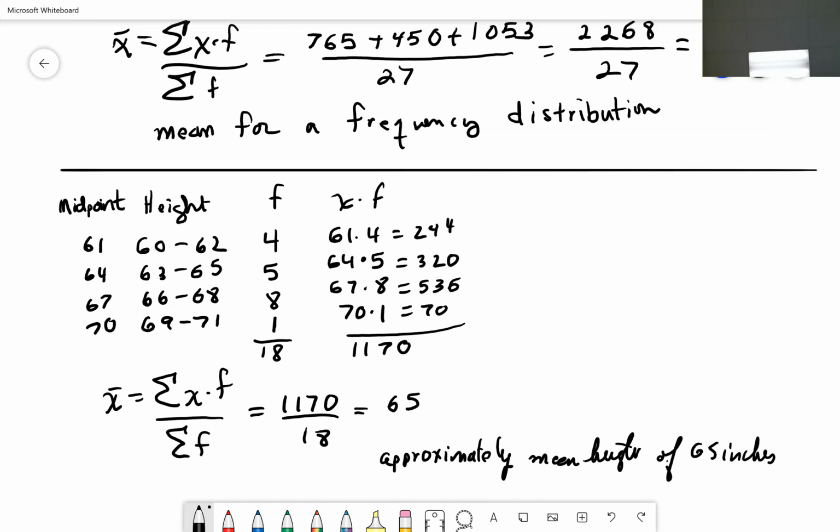And the reason is because we're not basing off the original numbers. We're basing off a representation of the original numbers by taking the midpoint of each of the classes. Remember, when we created these classes, we lost the individuality of the original data. If we had access to the original data, we would just add up all the numbers and divide by the total amount of numbers there were.